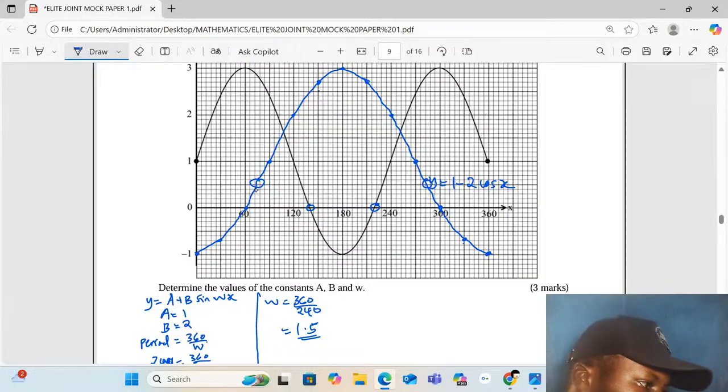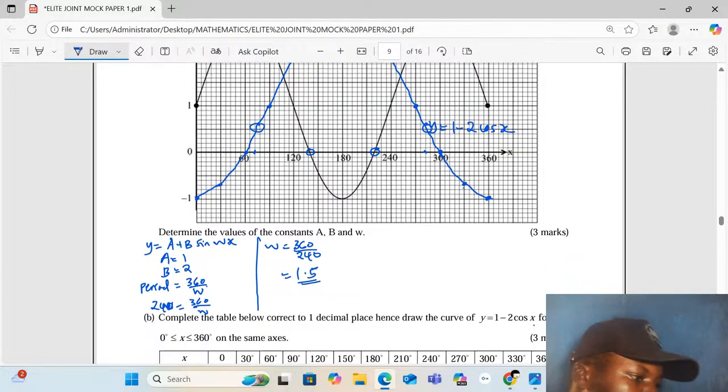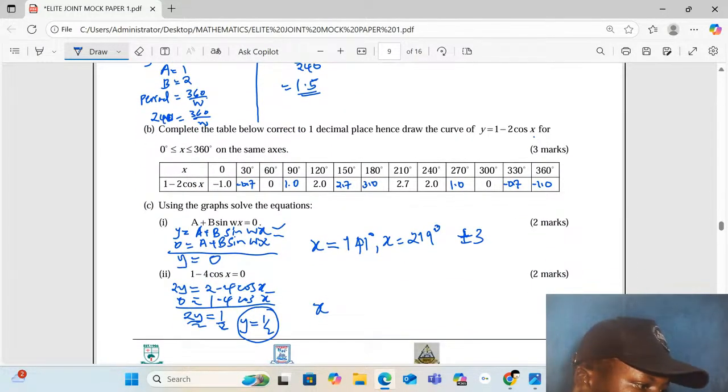When you read the values of x at this point and at this other point, you're going to get your x to be equal to 75 degrees, and also x is going to be 285 degrees.